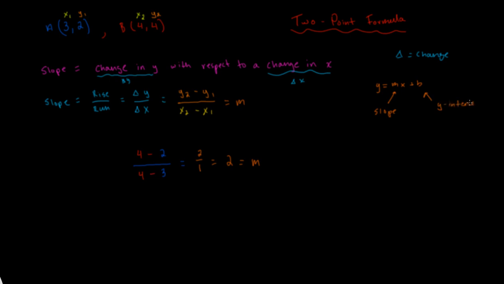So the slope of the line, which is the coefficient of x, the number attached to it, is equal to m, and that's what all this equals as well. So our actual slope for this line, the line created by 3, 2 and 4, 4, is 2.